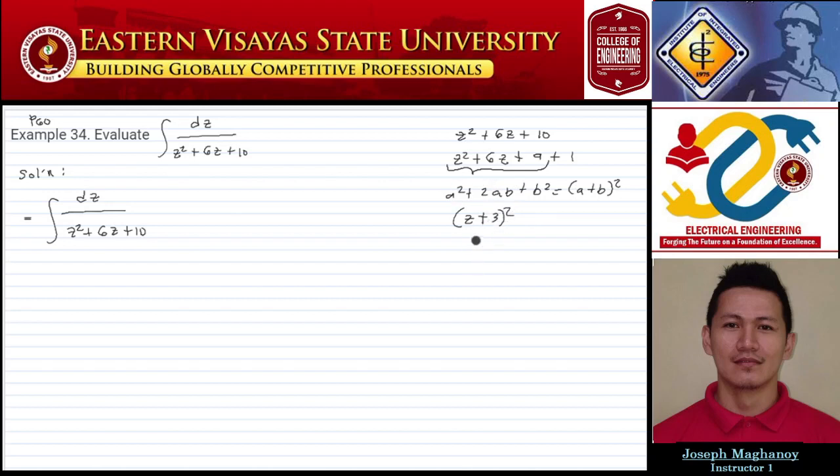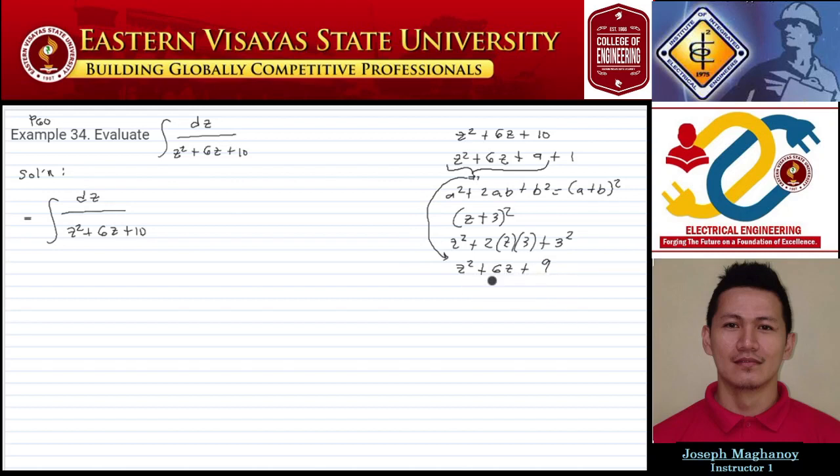If you check, z squared plus 2, our a is z, b is 3, plus 3 squared, so z squared plus 6z plus 9. So they are the same.